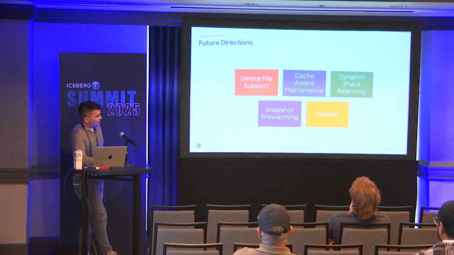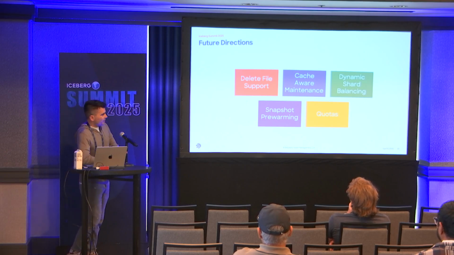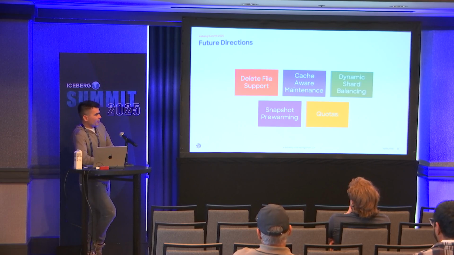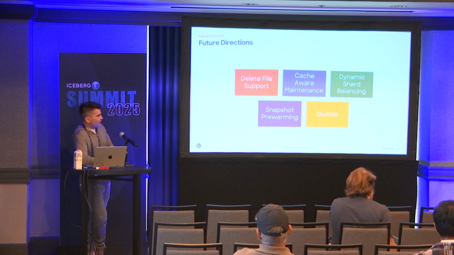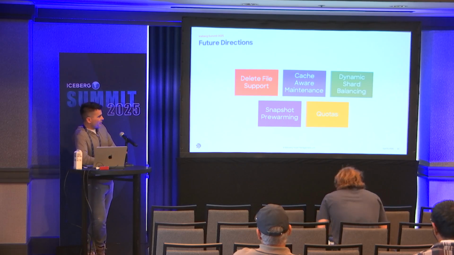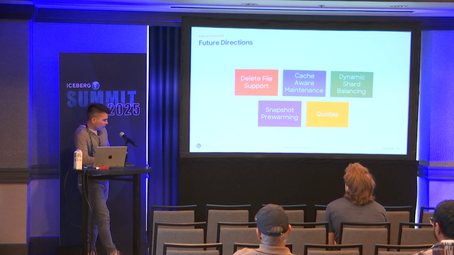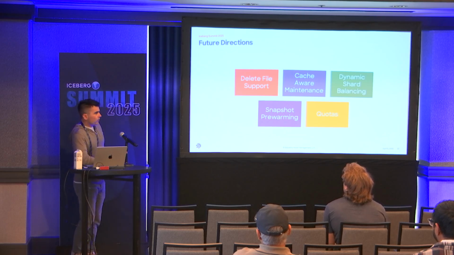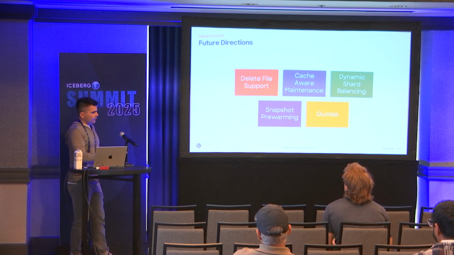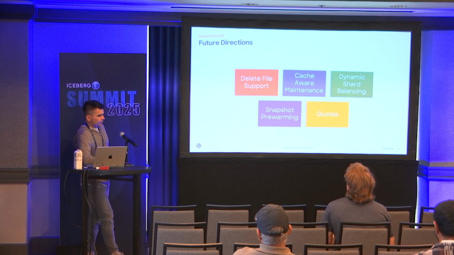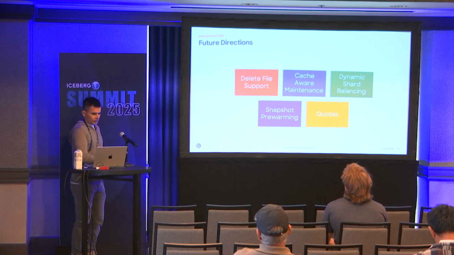The next thing that we'd like to do, and this is more of a Cheetah thing now than Iceberg-Rust, is distributed shard balancing. I mentioned that scaling up and scaling down the number of nodes in a cluster effectively throws your cache all over the place, because we're using a hash and a modulo to determine which shard a file ends up on. So what we'd like to do is move to an approach where we have a fixed number of shards, maybe 100, 200 shards, and then we dynamically move those shards around between different nodes using some kind of consensus-based approach.